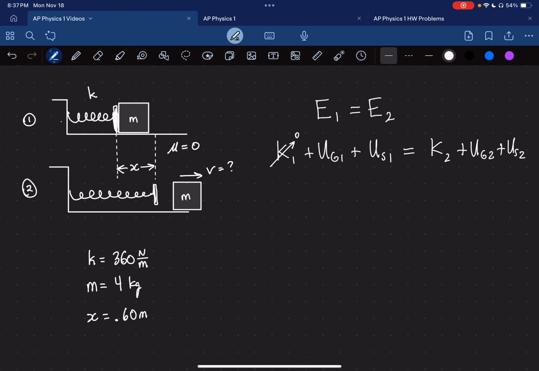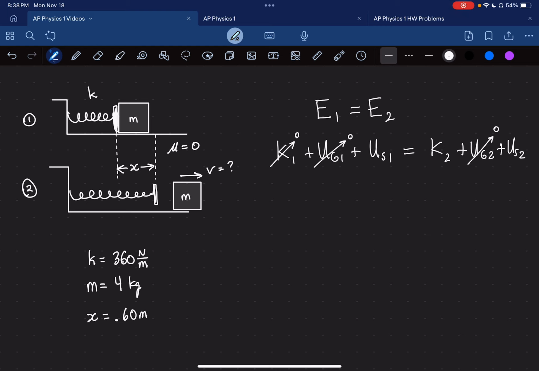They don't give us a height at position 1, nor do they give us a height at position 2, but we do know that it's the same height. And because there is no height difference, we can really just say that the height here is 0. And since the height has not changed, this is also 0. And so there's no gravitational potential energy to note here.